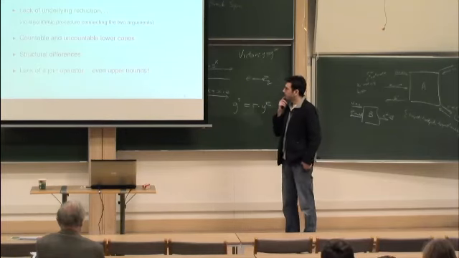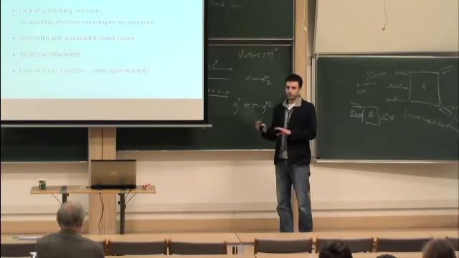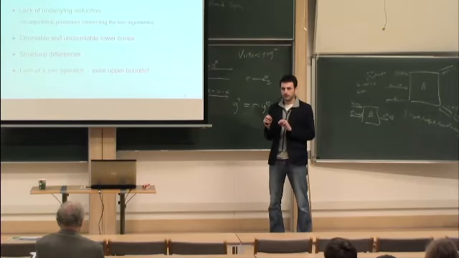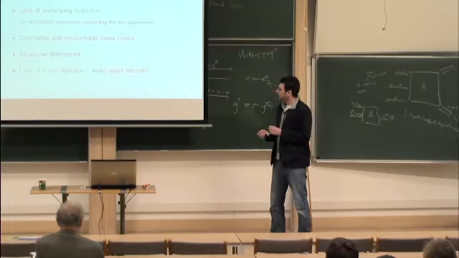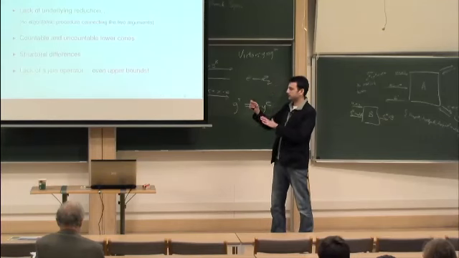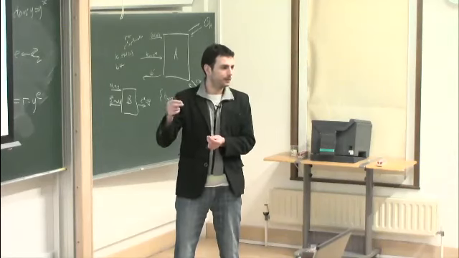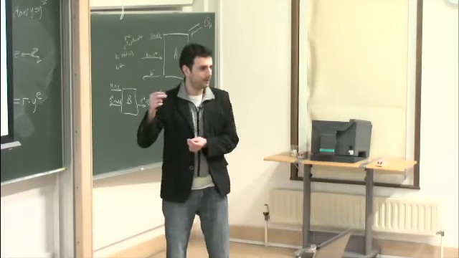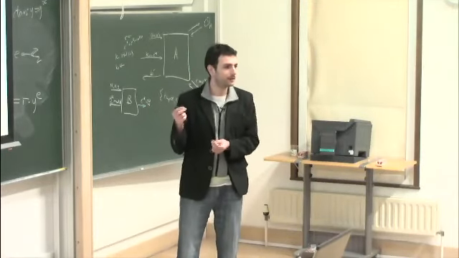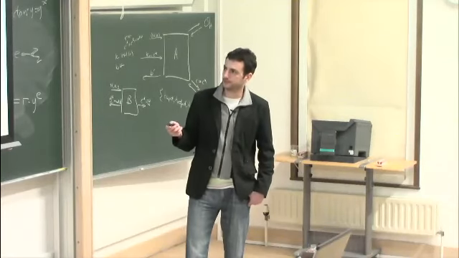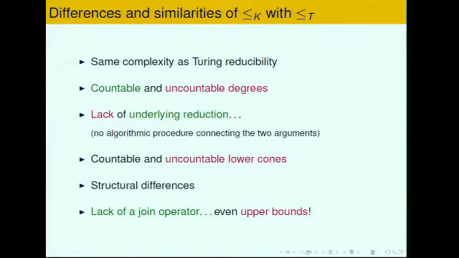So you can see the breakdown between computability and reducibility and definability here, because if a degree has uncountably many predecessors, then it's not possible for each predecessor to be definable in some countable language by that top degree. There are only countably many definitions in a countable language. So that causes a lot of structural differences, which we're going to see later on.